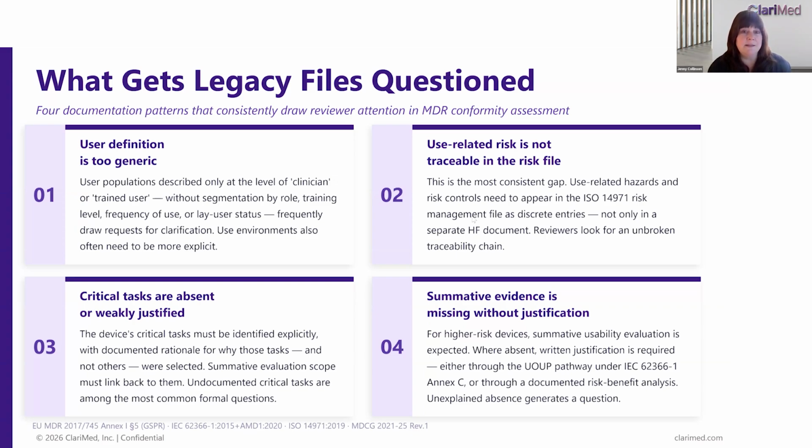And if it's not present, then there needs to be a justification. And this can sometimes be through the UOP pathway or the user interface of unknown provenance pathway, or through a risk-benefit analysis. But if you don't include anything and you don't produce it as part of a compliant usability engineering file, then that will generate questions.